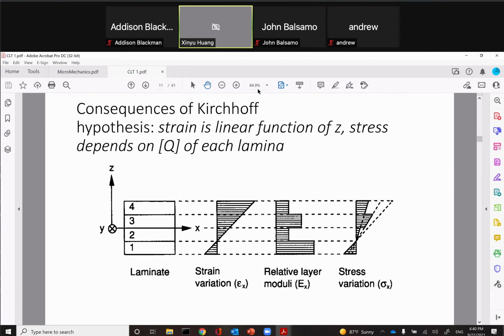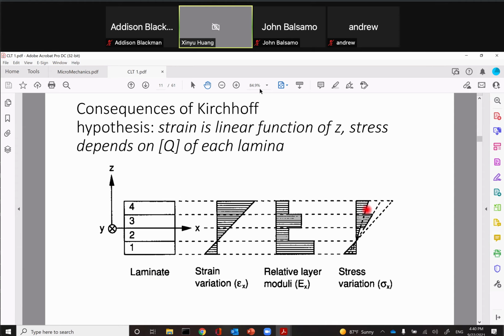So if the material is not homogeneous, with different layers having different modulus, your strain is still a linear function. Now, assuming the moduli of the material vary from layer to layer, the stress is actually discontinuous. Stress is this multiplied by this, right? Strain is a continuous function. Moduli is discontinuous. Different layers have different stiffness along this direction.